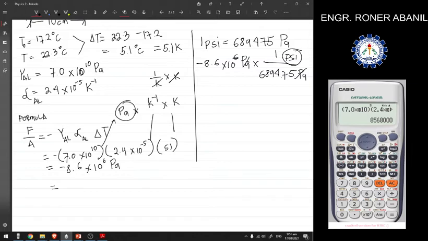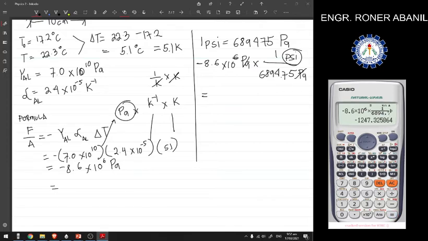Matitira PSI. So, ang lalabas diyan, negative 8.6 times 10 raised to 6 times 1 over 6894.75.